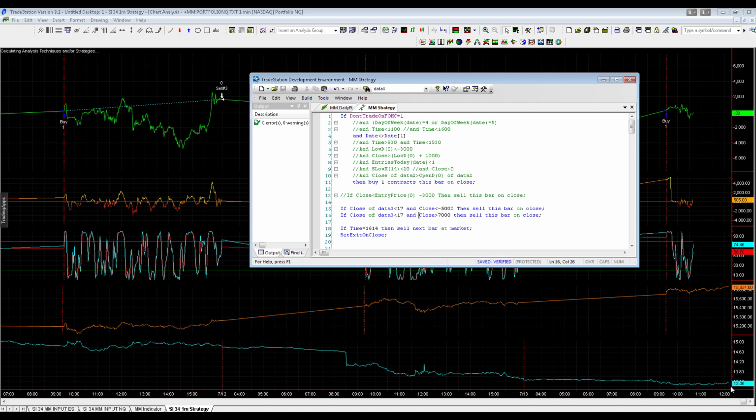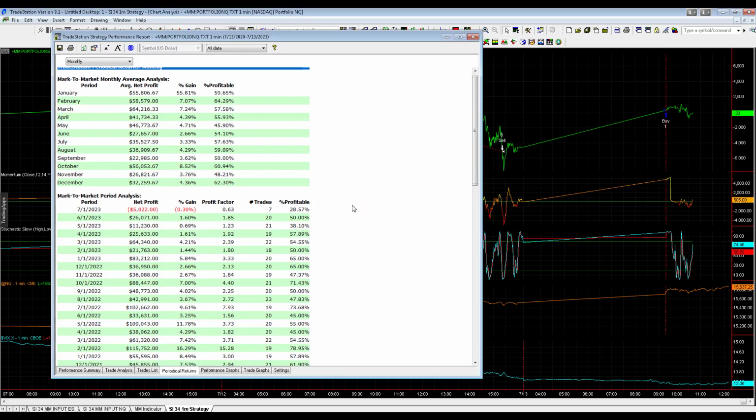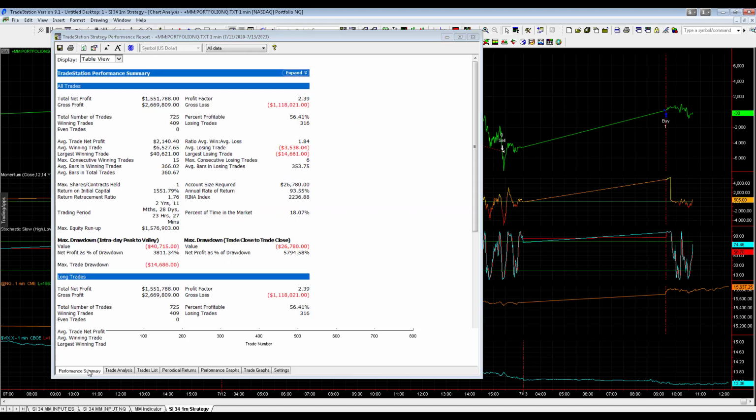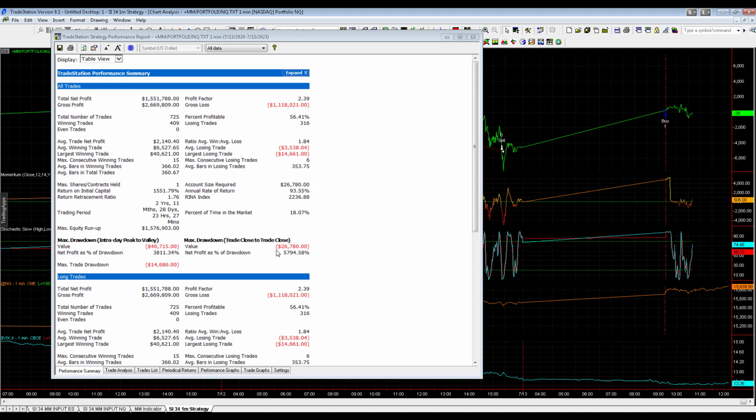Now if the VIX is in there, VIX is data 3, what happens if we add a profit target and stop loss on our portfolio if the VIX is low? So interesting results. This might be the way to go. What we're seeing here is that in recent performance it's better, but overall this is 5,800 without this rule.